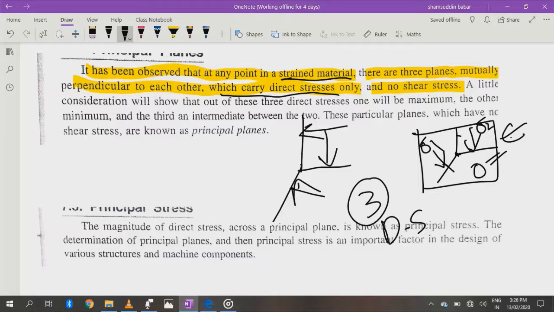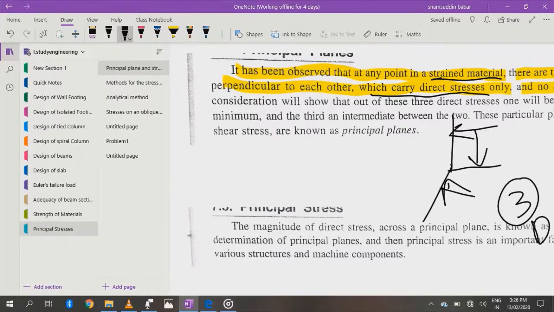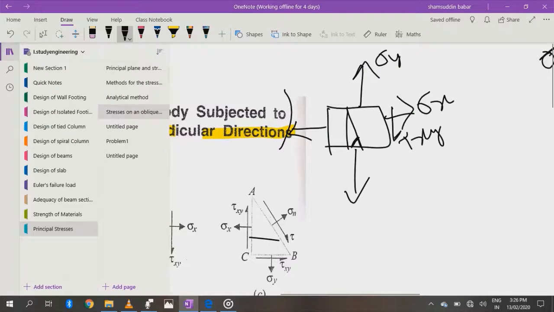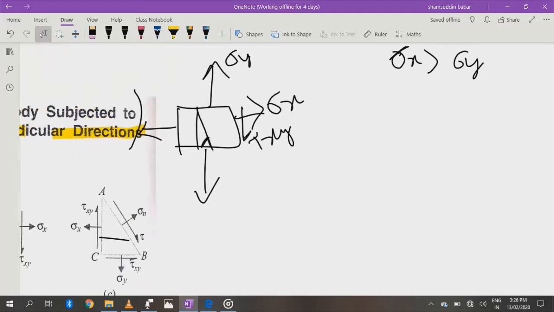So the concept works here as well. There are three stresses, one will be major, other will be minimum, and one will be in the intermediate plane. So this was a concept I forgot to give you.